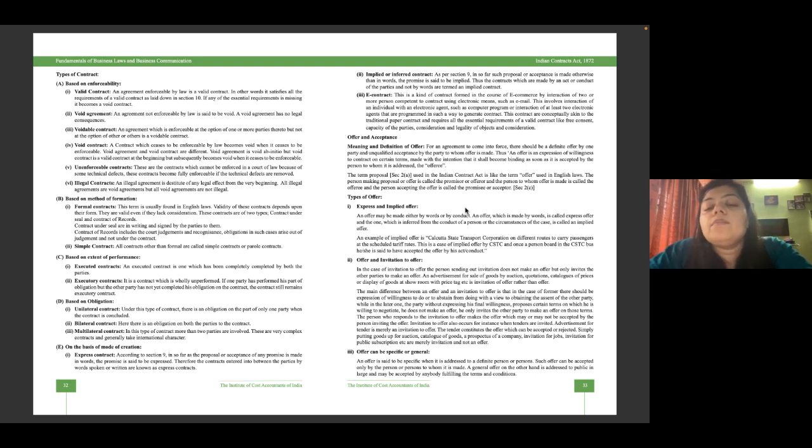Now, what is meant by express and implied offer, and what examples do we cite for them? Express and implied offer is where the offerer is making the offer. It could be in the form of an express offer, or it could be an implied offer. As a landlord of a particular house, I can tell my tenant that if I hear no more from you, I will expect that the contract has been renewed and you are bound to pay me 14,000 as rent.